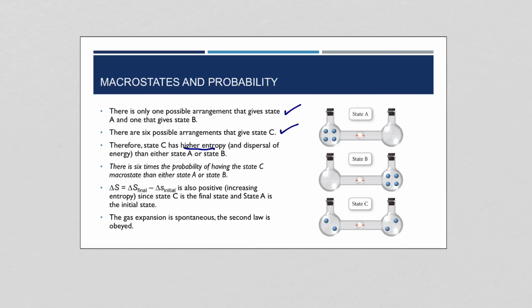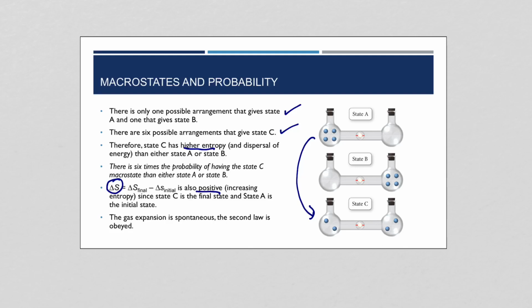Now, it's also true that the change in entropy over this process, remember, we started out with all 4 of them on one side, and we opened the valve, and to go from here to here, is an increase in entropy. Because the entropy of state C is bigger, the final is bigger than the initial, then delta S is going to be positive. Or in other words, we have an increase in entropy.